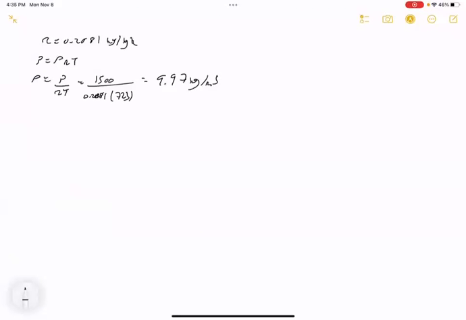So that's the density. We know the area, we know the velocity. So m dot really simply is just going to be 9.97 times the area, which is 55 centimeters squared. So to bring it into meters, we have to divide it by 100 squared, and we'll get 0.0055 meters squared. That's the area.